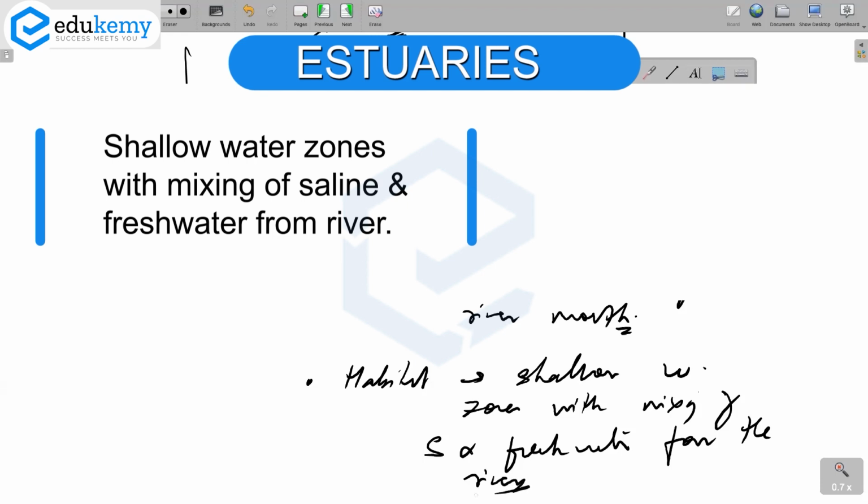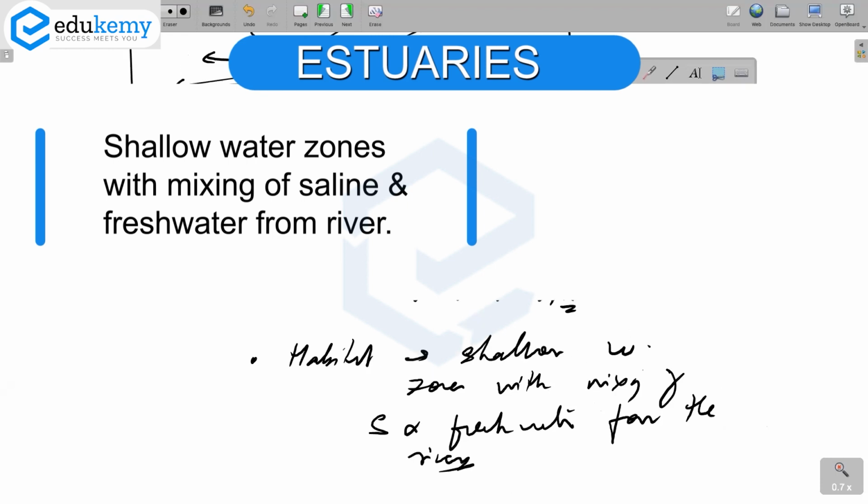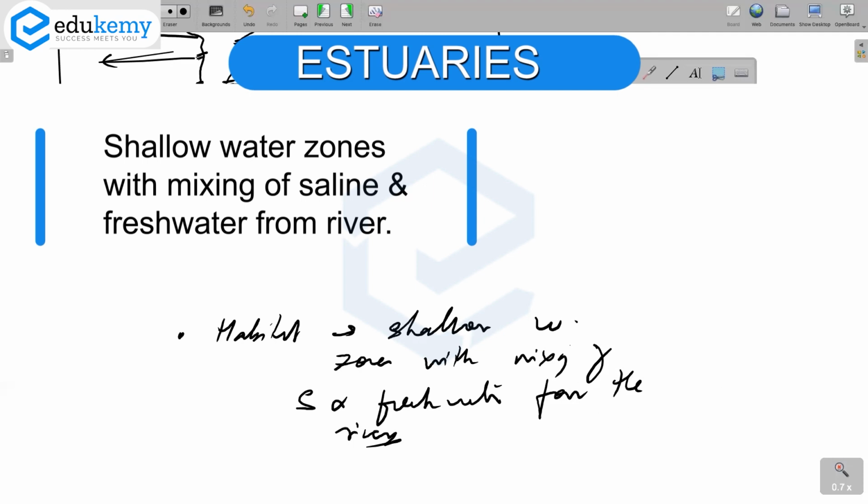If you talk about landforms, estuaries are submerged river valleys. If you talk in terms of habitats, these are shallow water zones with mixing of saline and fresh water from the rivers.